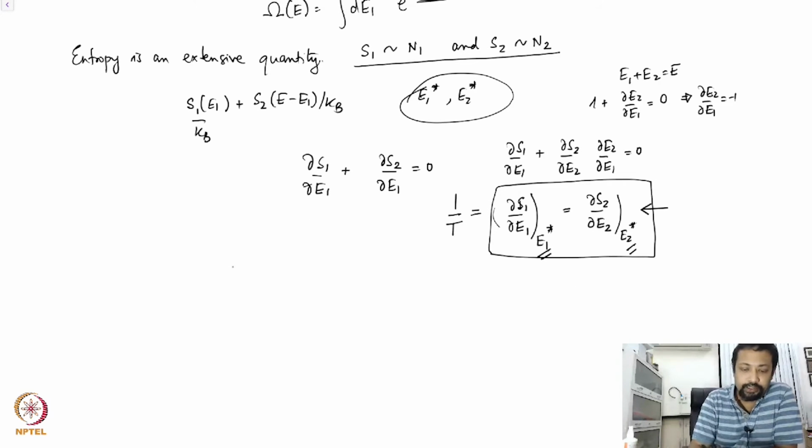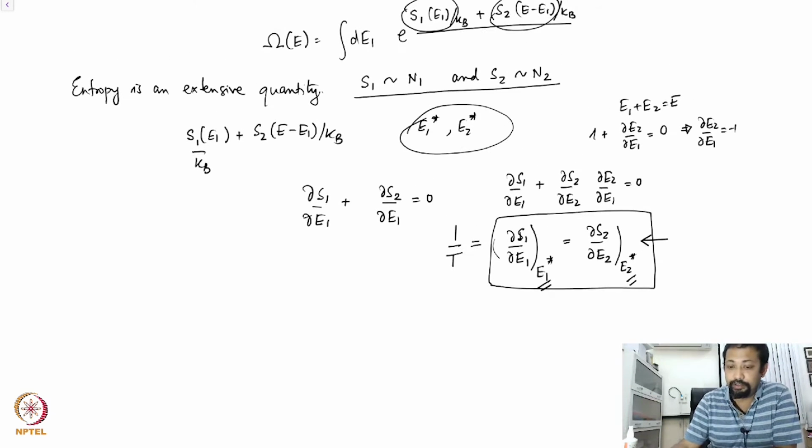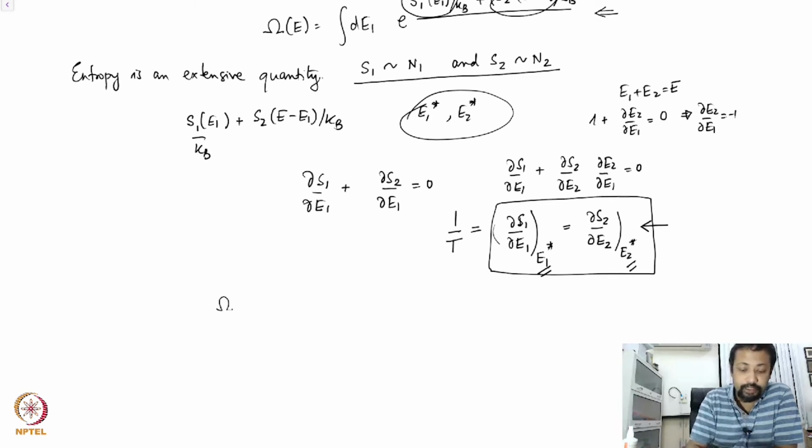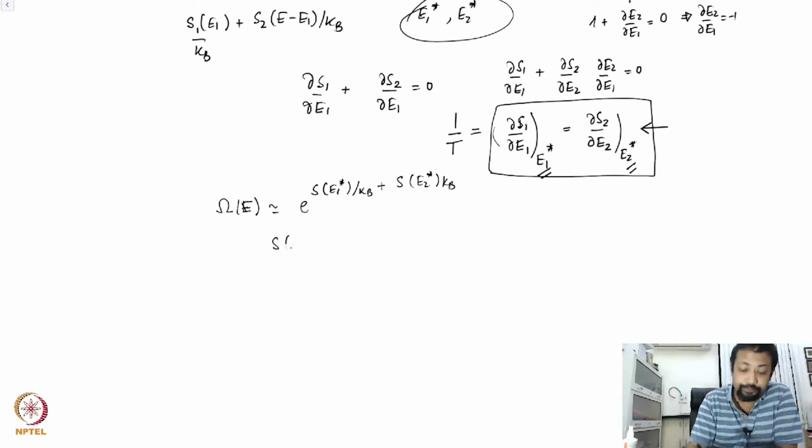Further, note that since we have evaluated this integral that we have written down over here using the saddle point, our omega E is approximately e to the power S of E1 star over kB plus S of E2 star over kB, so that the entropy of the total system is approximately S of E1 star plus S of E2 star.